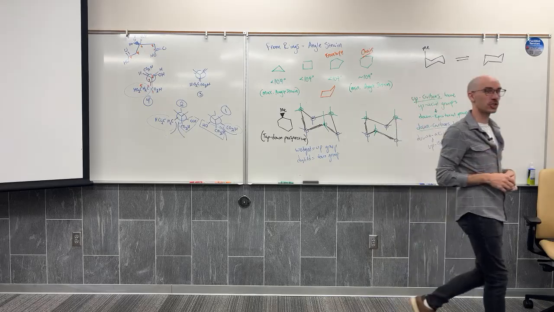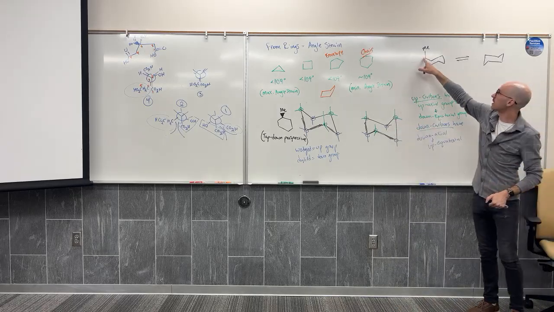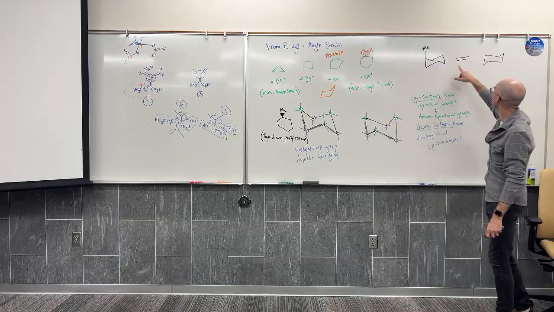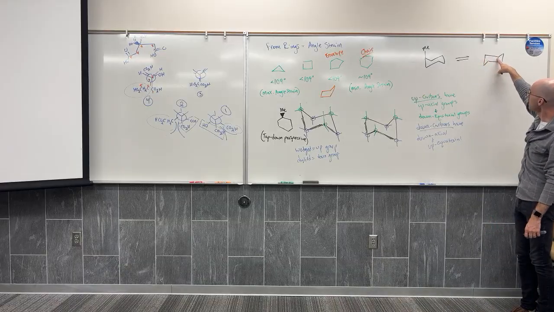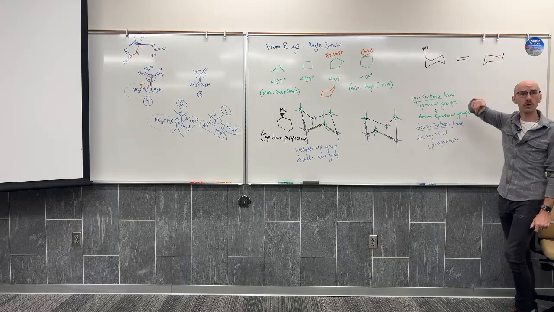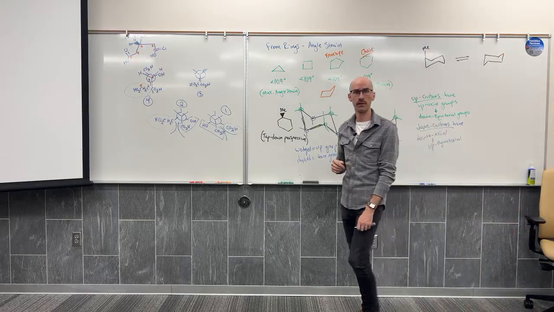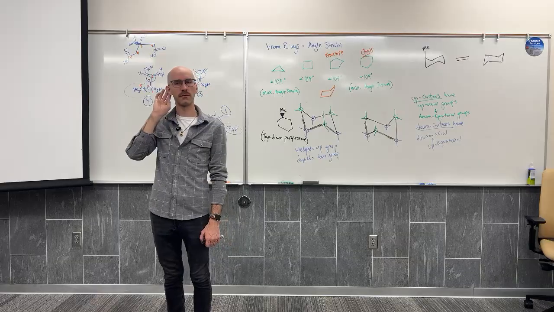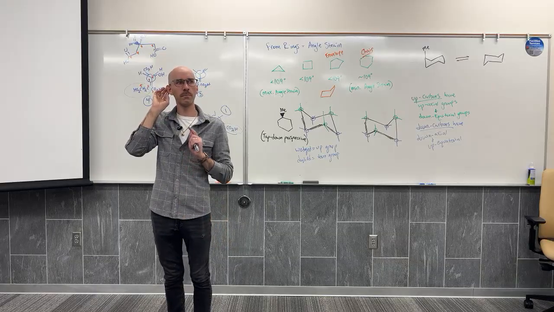What if I had not chosen to place my methyl on an up carbon? What if I had chosen to place my methyl here on this down carbon? What group is up on that carbon? I'm going to repeat it. What group is up on that carbon?